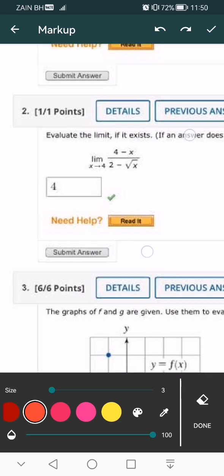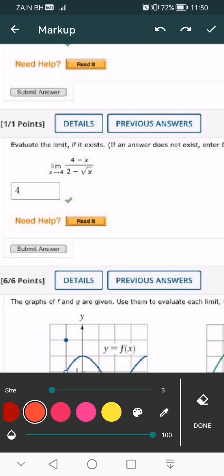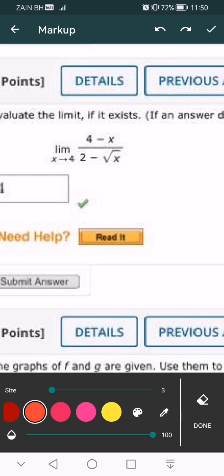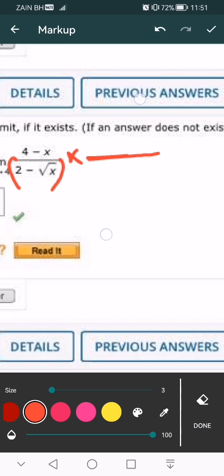Second question, evaluate the limit if it does not exist, write does not exist. So how can I solve this question? This one basically I have to do by something we call multiplying by the opposite sign, conjugate. بالعربي نسميه ضرب المرافق.